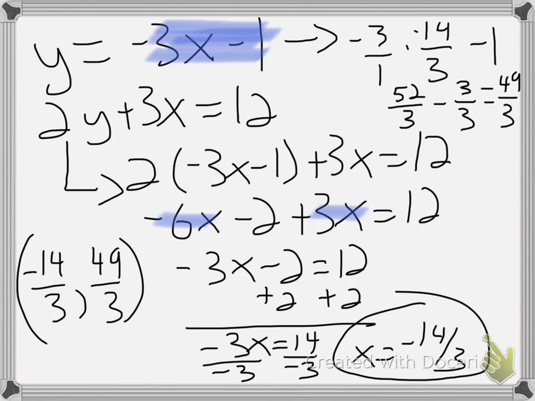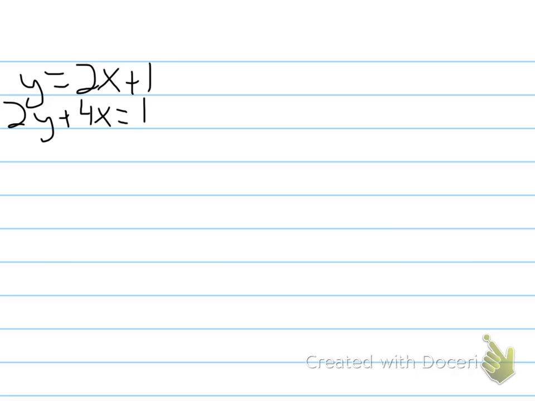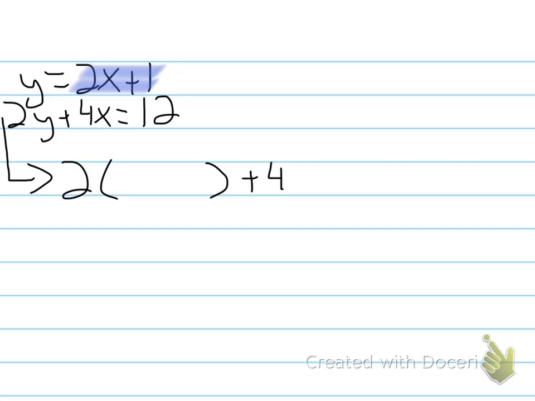All righty? One more. Let's do one more example. Okay? So let's make it y equals 2x plus 1, 2y plus 4x equals 12. Right? Same exact idea. Nothing's changing here. We want to substitute this one in this equation. So 2 times 2x plus 1, plus 4x equals 12, right?